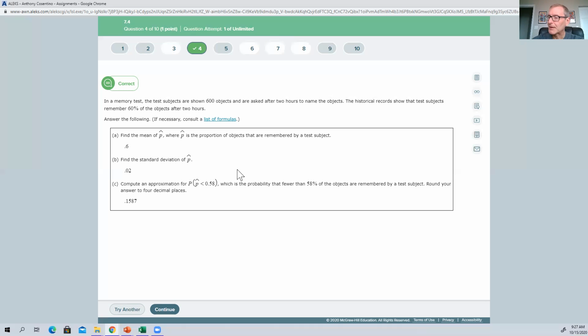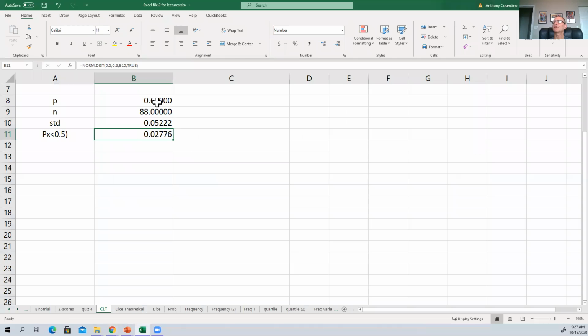So again, n is 600, and our p-value, which is the mean, is 0.6. So again, if we go back to our calculator, oh wow, 0.6. This is 600. And so what is our standard deviation?